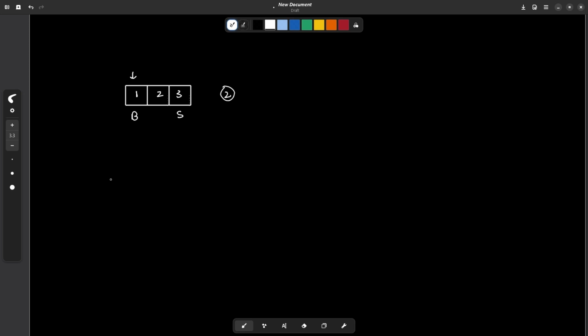Now there is one more interesting thing that you should observe, and that is if I have the same 3 elements again, let's say 1, 2 and 3. So you will see that I can buy at this position and then I can sell at this position, again buy at this position and then sell at this position, right? So when I buy at 1 and sell at 2, the total profit is 1, and when I buy again at 2 and then sell at 3, then the total profit is 1.